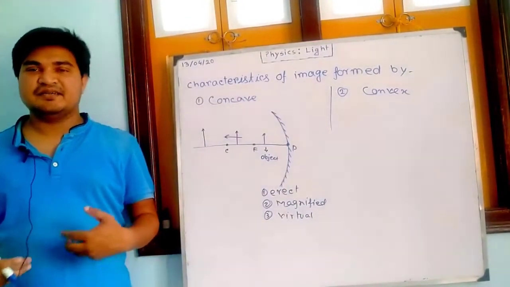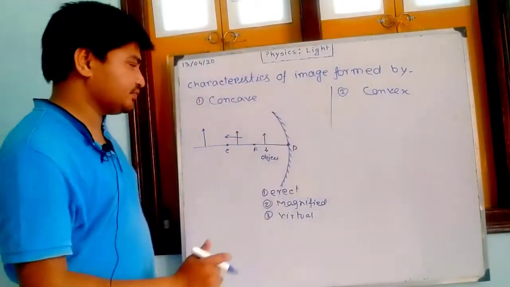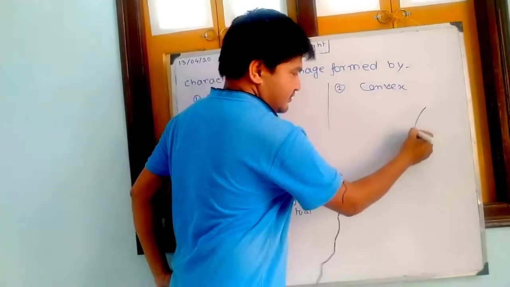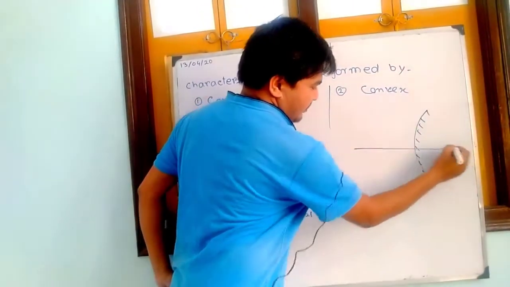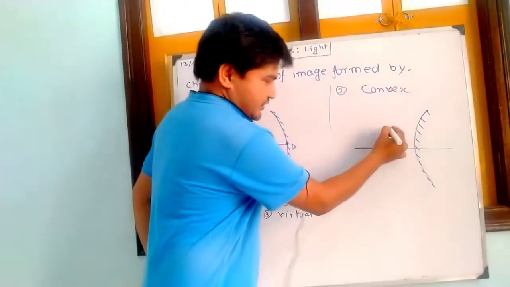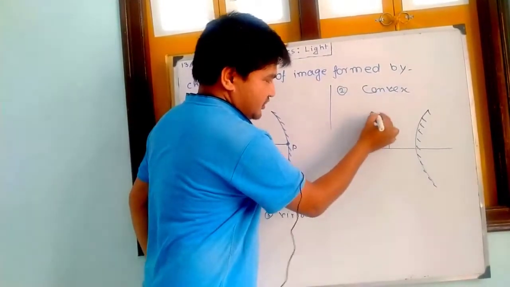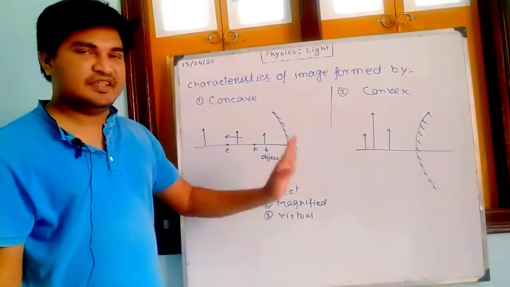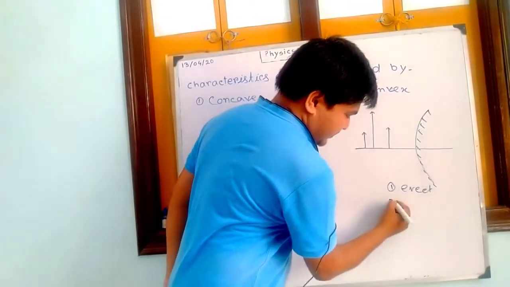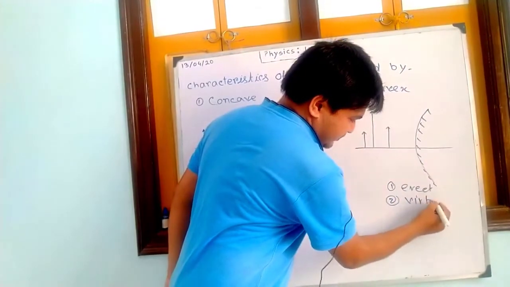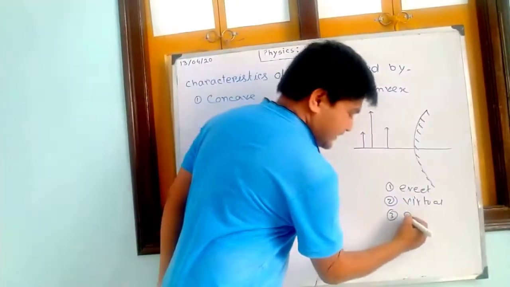We will learn it more by ray diagrams. But in case of a convex mirror, wherever the object is, maybe at this position, this position, or this position, the image will always be erect, second virtual, and third smaller in size, that is, diminished.